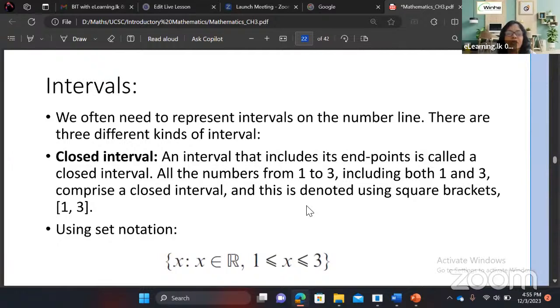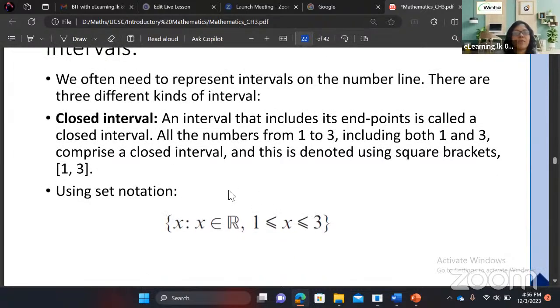What are the values that you can represent in the number line? You can represent any real number, right? We learned about real numbers on the first day. You can denote any real number in the number line, and you can represent any value with an open interval or a closed interval.